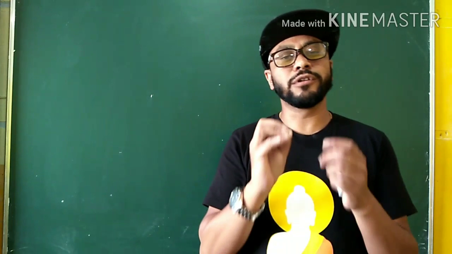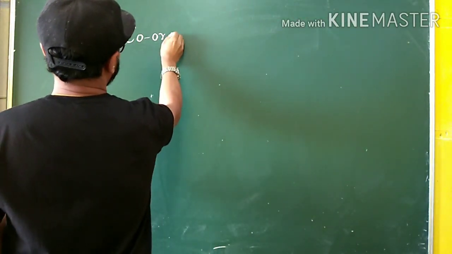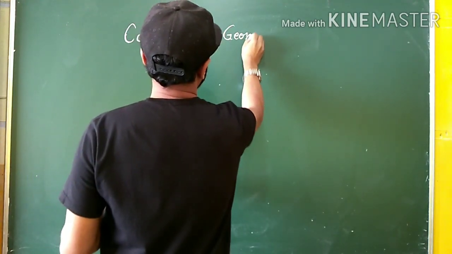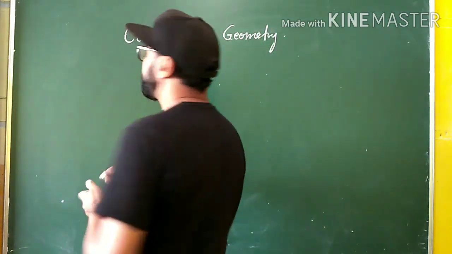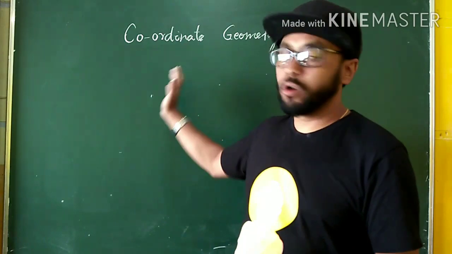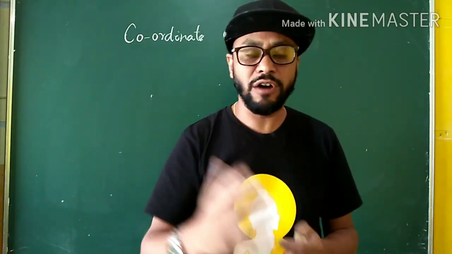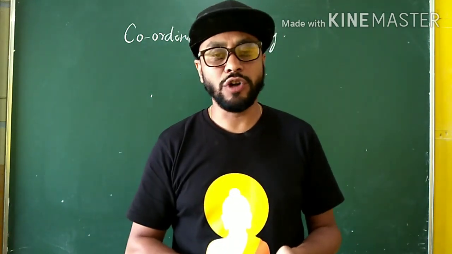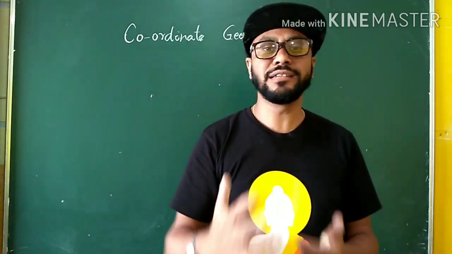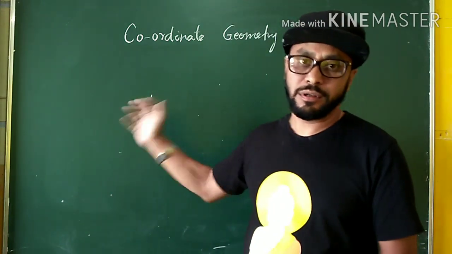So the topic for today's lesson is coordinate geometry. In this video we're going to look at the key concepts of coordinate geometry. Then we'll solve some important questions that come quite often in ICSE from this topic, and I'm going to show you some tips, tricks, techniques and patterns to solve the sums related to this chapter.